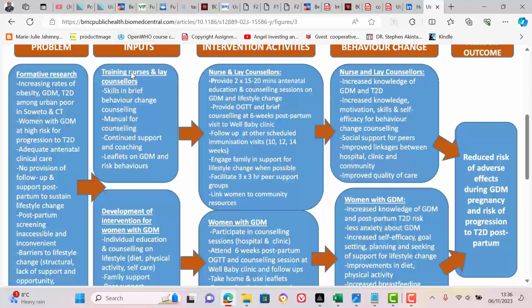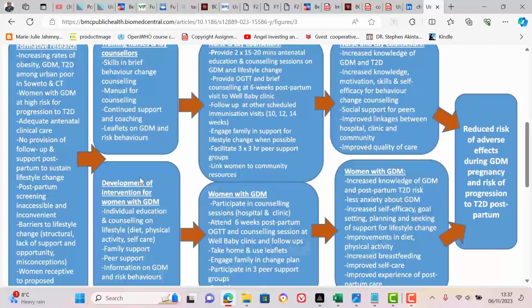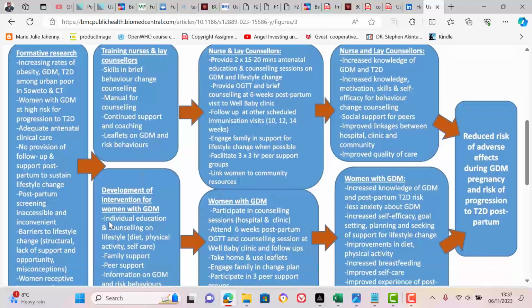We need inputs. So inputs will include staff. So we're going to train nurses and lay counselors, and you're going to give them skills in brief behavior change counseling, give them a manual, then continue to support them, give them a leaflet. Okay. So the first one is training, and then the second intervention that they did was development of the intervention.